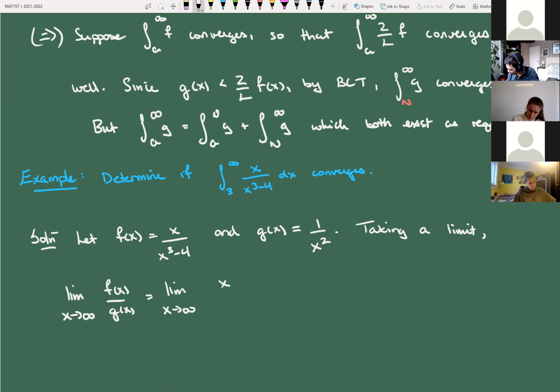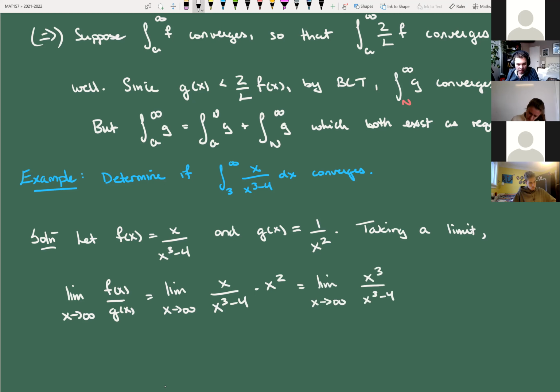So that's going to give me this thing, right? Here I'm using the fact that since g is 1 over x squared, 1 over g is just x squared. And something very nice here happens. We get x cubed over x cubed minus 4.